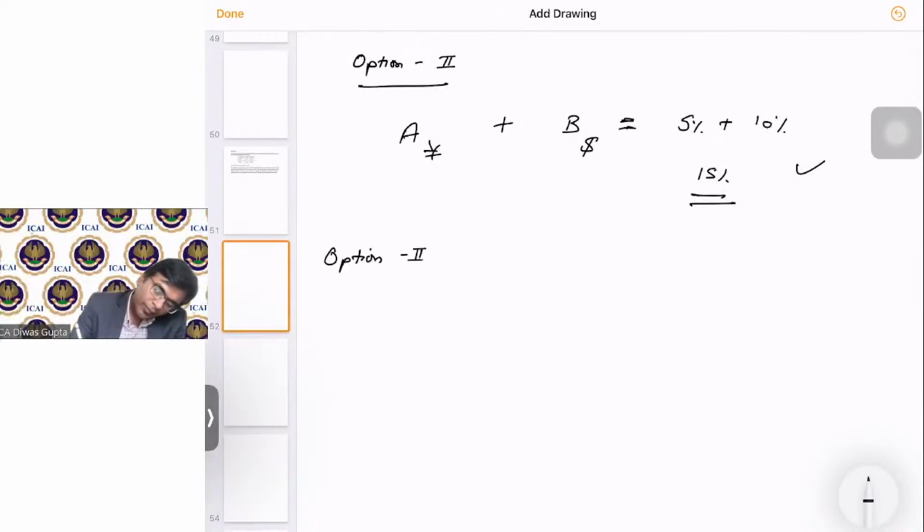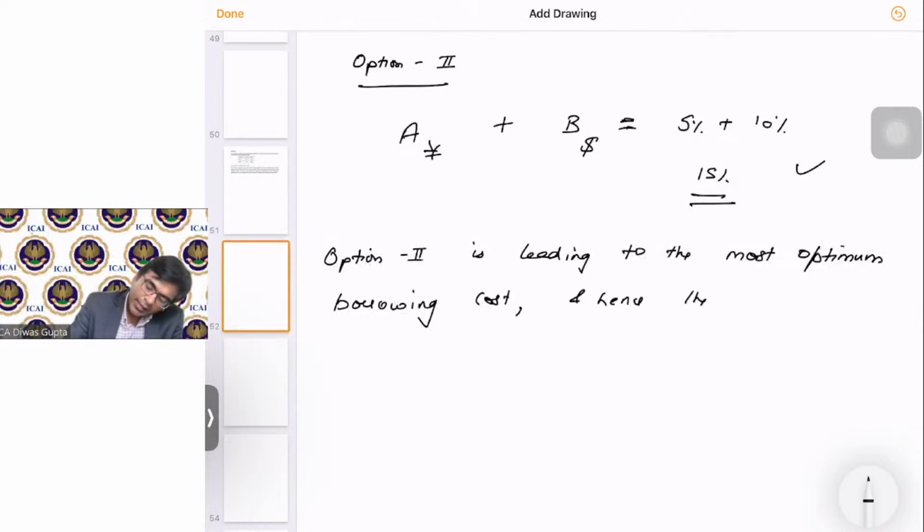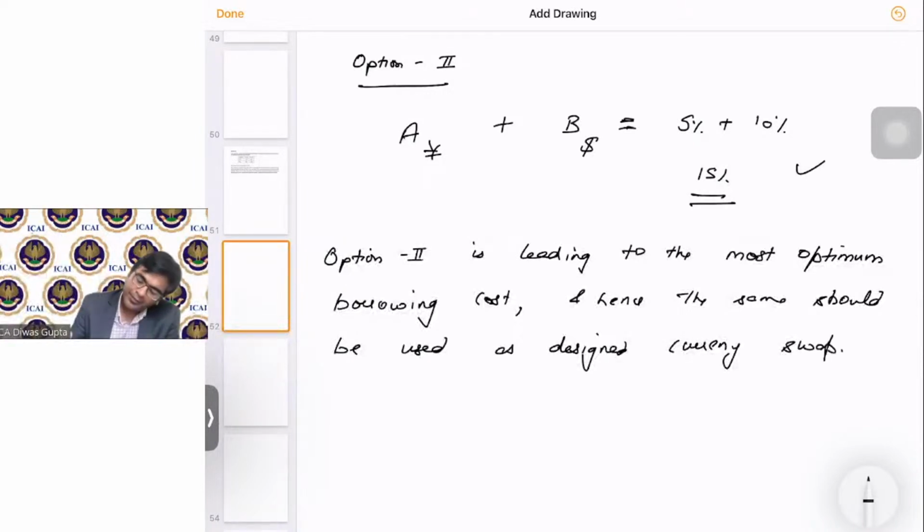Option 2 is leading to the most optimum borrowing cost, and hence the same should be used as the designed currency swap.